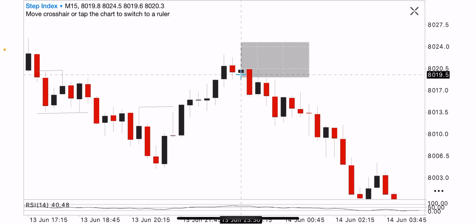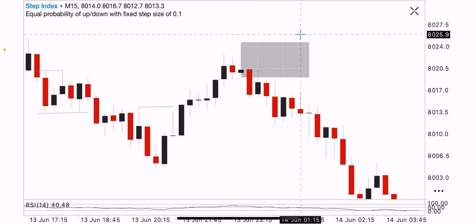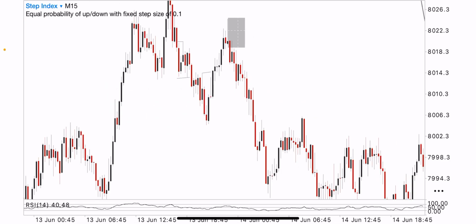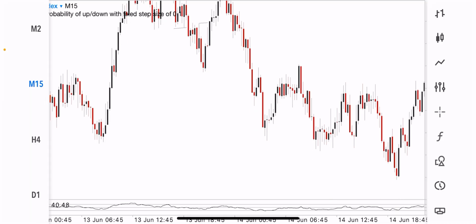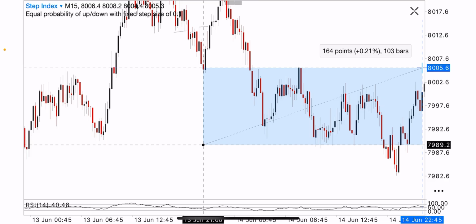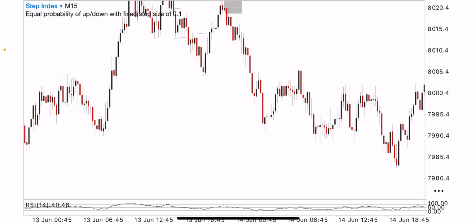As market taps into this zone, I enter, put my stop loss over here, and ride the market to the downside. So literally that's it, and maybe take profit at this low. That's where my take profit would be sitting, which is probably a good setup for you to execute.